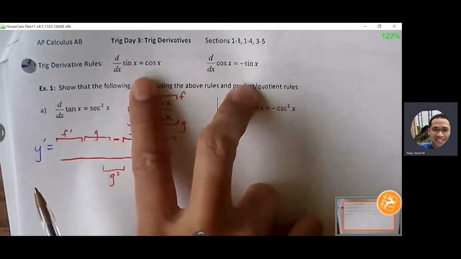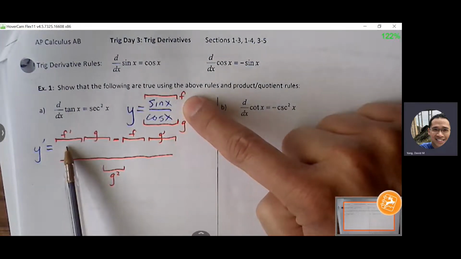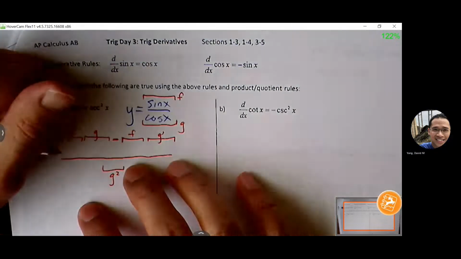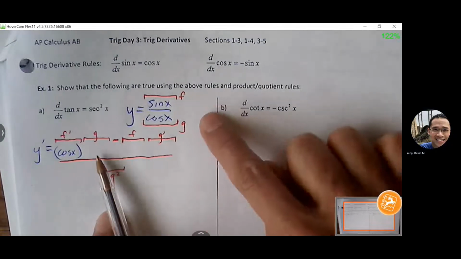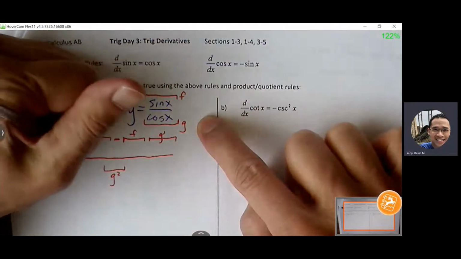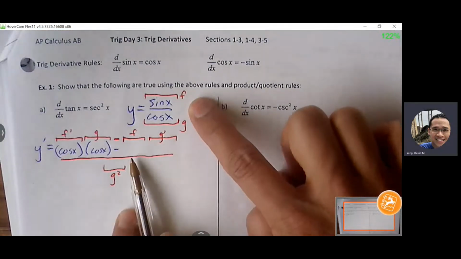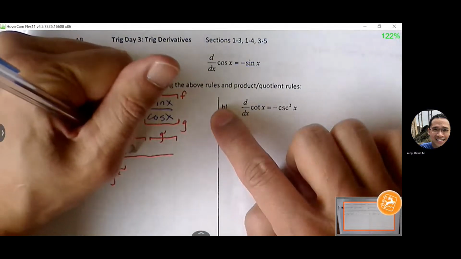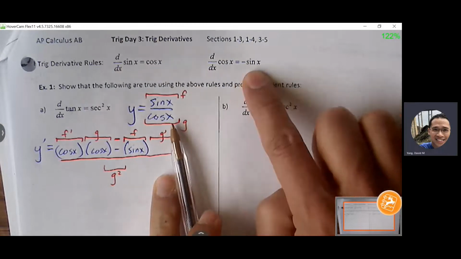Okay, so we have these rules available. Let's use these here. What's f prime going to be? Sine's derivative is cosine. Original g function, no changes. We drag that down. Back to f. And what's g prime?